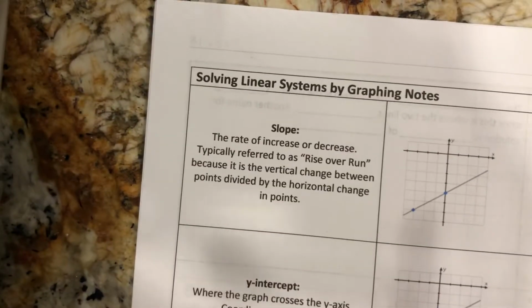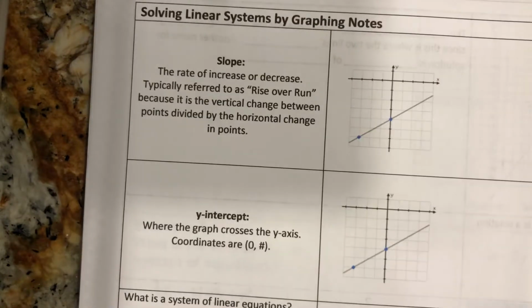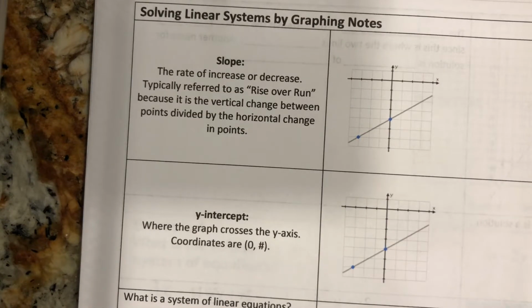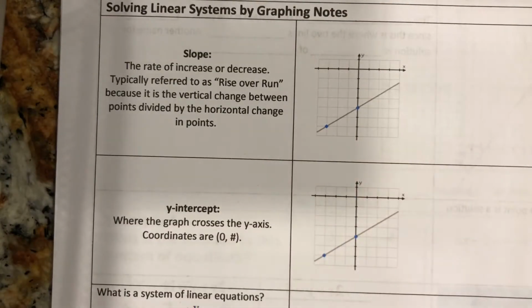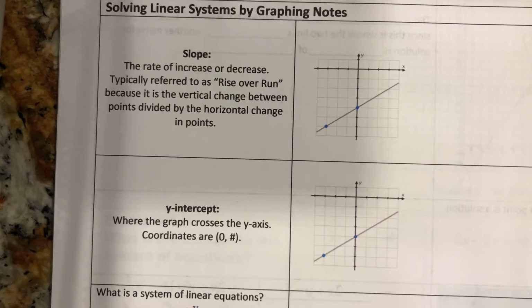All right, so for today's notes, we are on page 7. Some of these, I don't really understand why they put it in these orders. For instance, these are actual notes, so you would have thought that they would have put it at the very beginning, but okay, whatever.